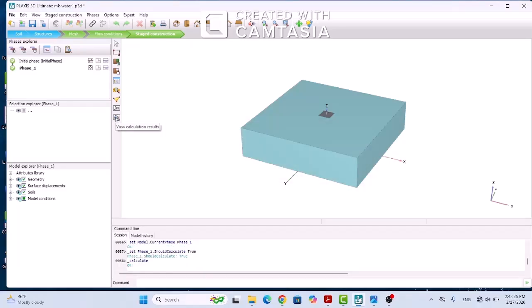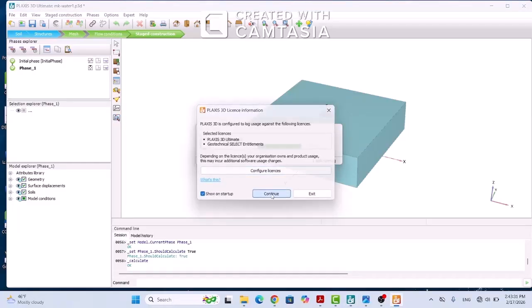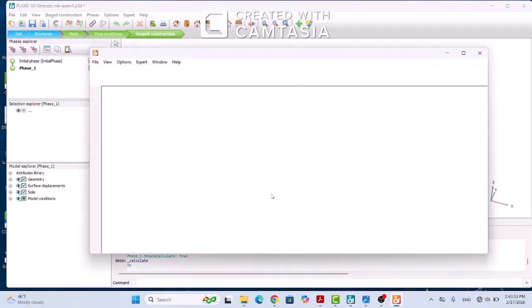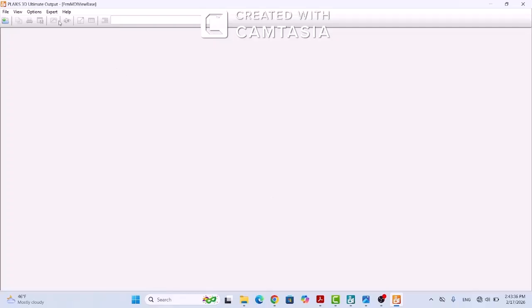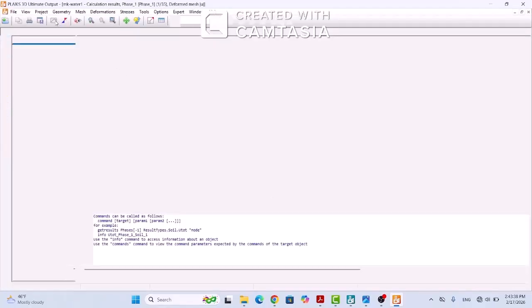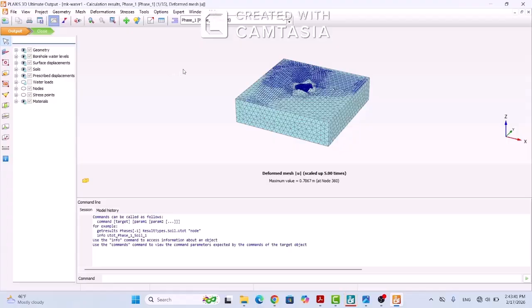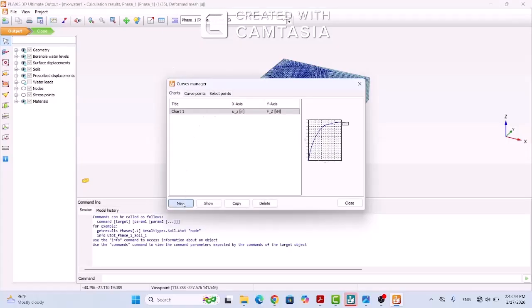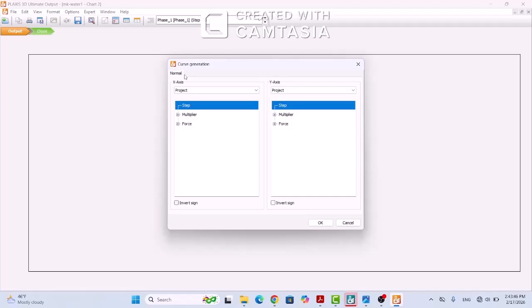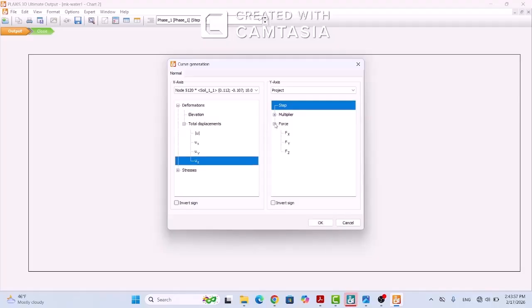So we go to the output, view the calculation results, click on continue, and go to curve, click on the curve, and click on new, choose the node, choose deformation, total deformation, UZ, force, FZ, click on invert sign in both columns.